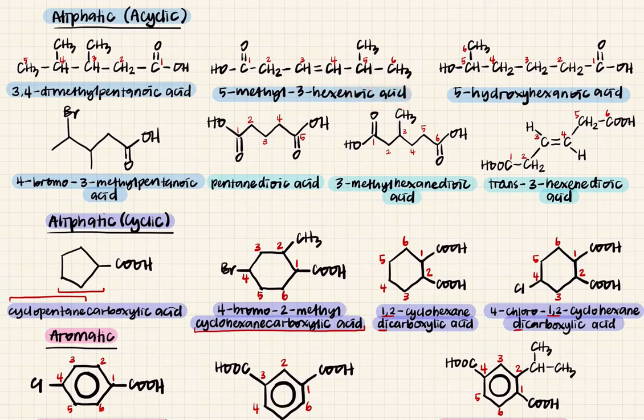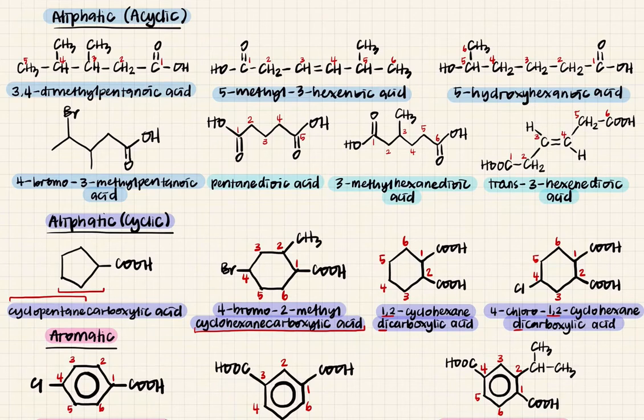And then in your longest carbon chain, your carbon-carbon double bond starts from carbon number 3. If you have OH, it will be hydroxy. So this is carbon number 1, and this one is hydroxy, 5-hydroxy.